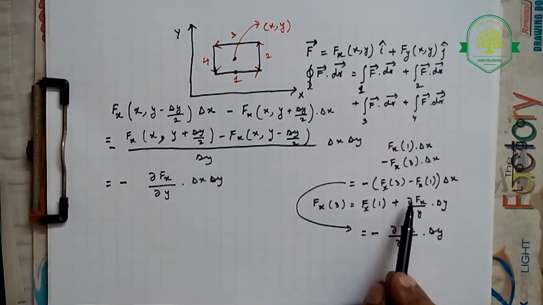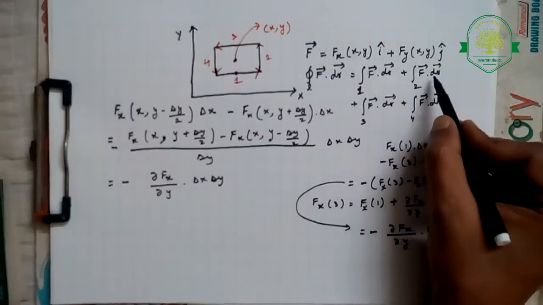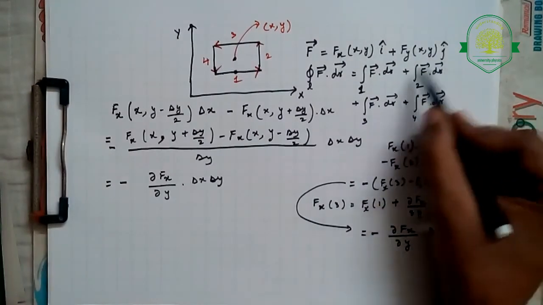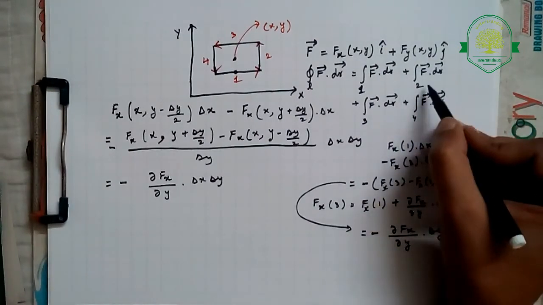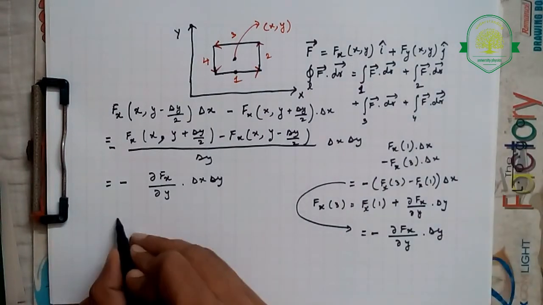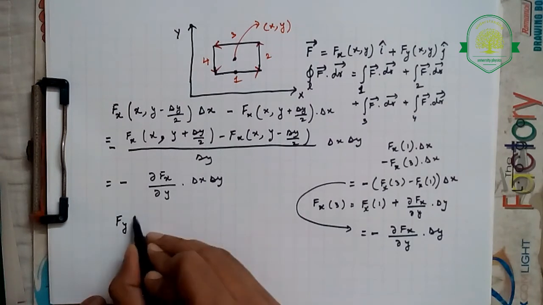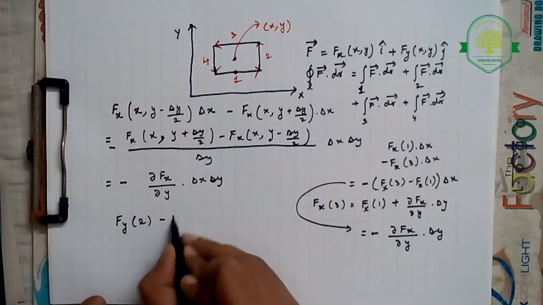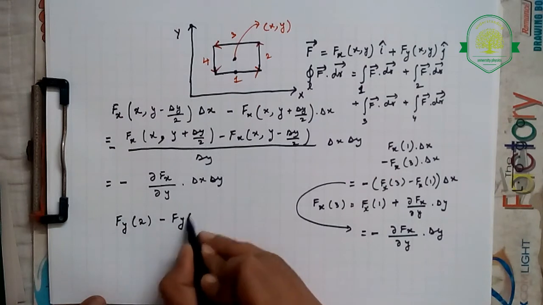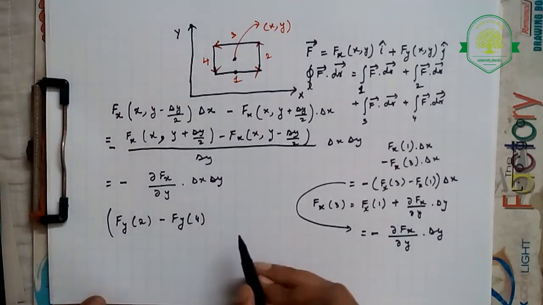I'll rather use this because it is a little smaller. So the sum of these two integrals, that is along 2 and along 4, becomes fy along 2 minus fy along 4, all times delta y.